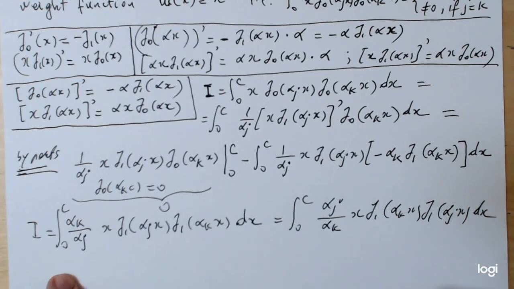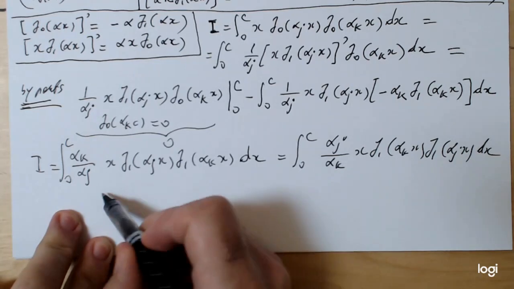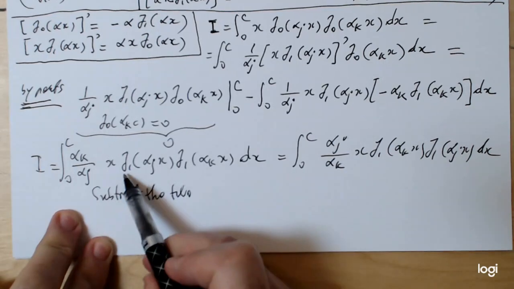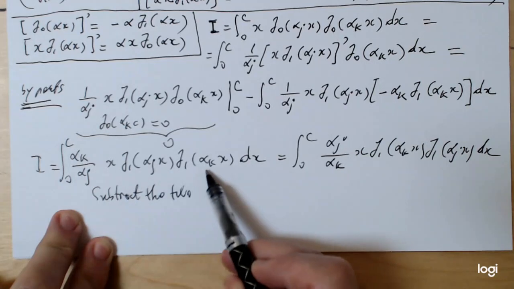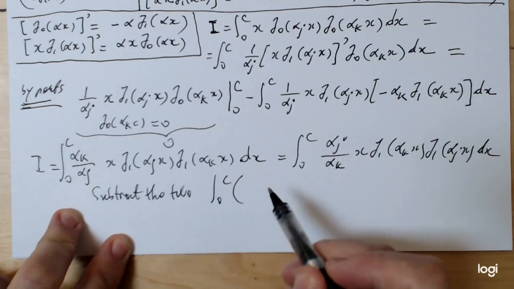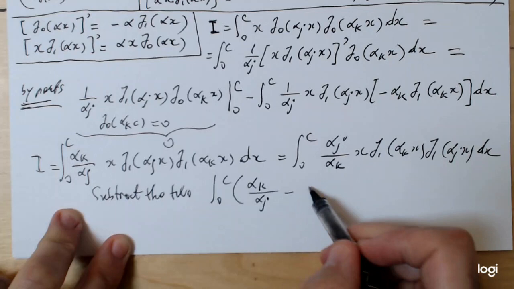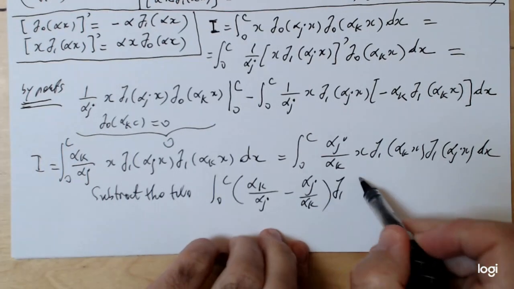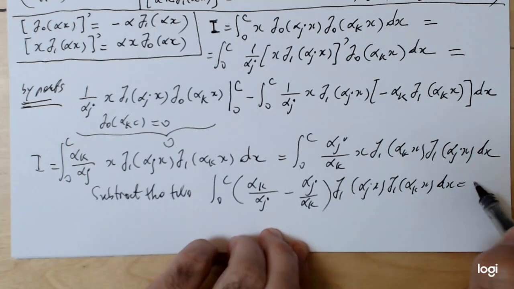So if I subtract the two, they should be equal to 0. These are the same because multiplication is commutative, so J1 of alpha_j, J1 of alpha_k, same thing here. I can pull it out. So if I subtract the two, I end up with the integral of alpha_k over alpha_j minus alpha_j over alpha_k, J1 of alpha_j x J1 of alpha_k x dx equals 0.